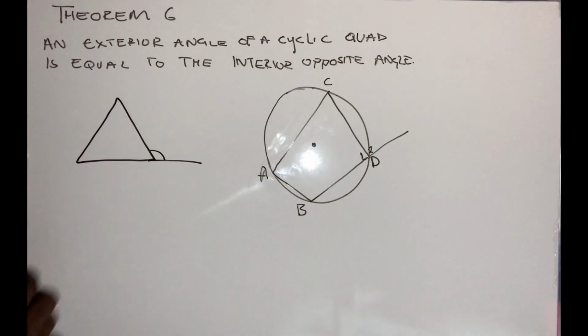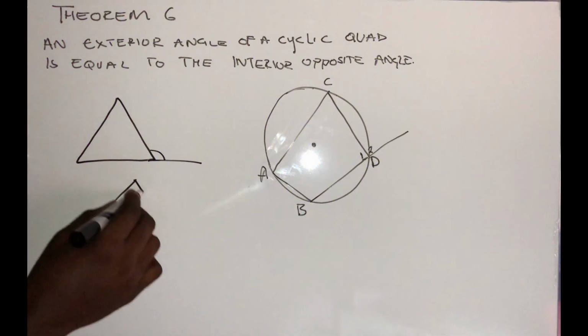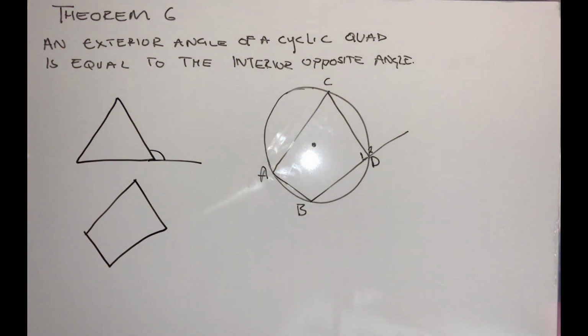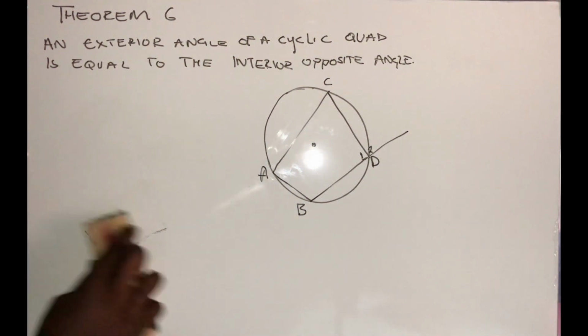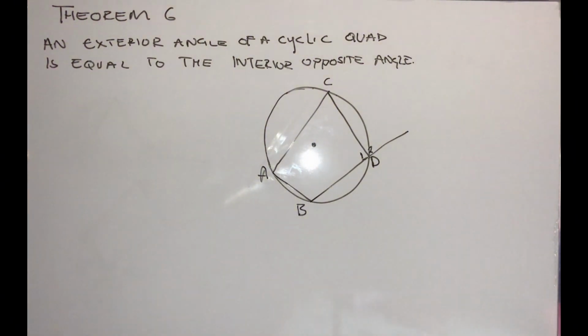Of the triangle. And then let's say we have this shape, a cyclic quad. He takes his ex out and then he has what? An exterior angle. So now let's explain what this statement means.